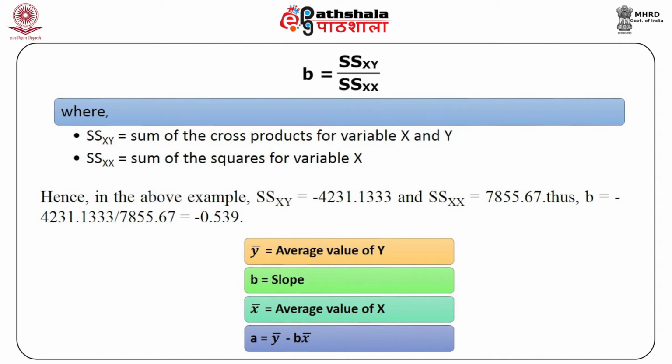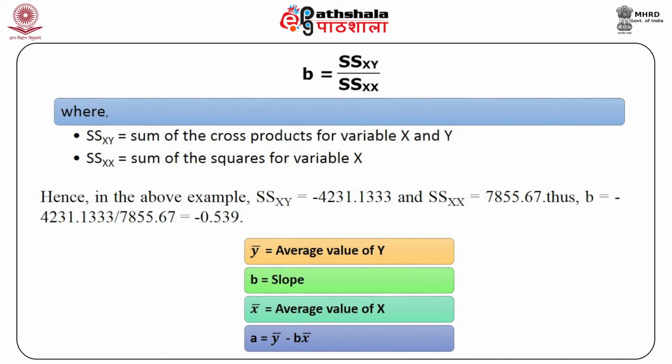In the above example, we shall take the liberty of presenting the data as SSXY is equal to 4231.13333 and SSXX as 7855.67. So, b, or the slope, becomes -0.539.